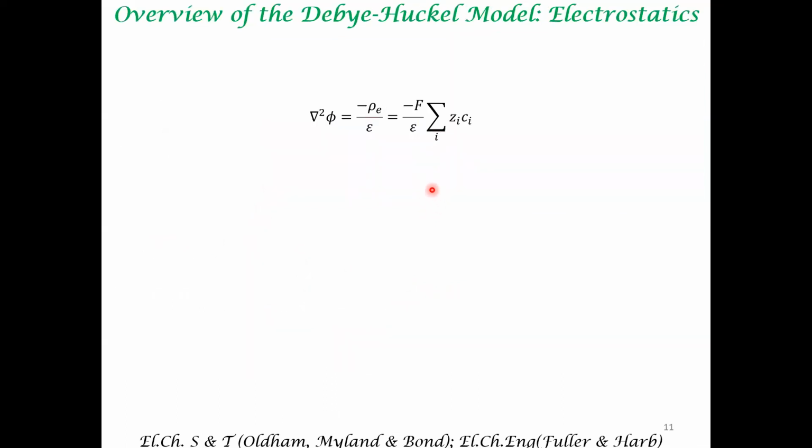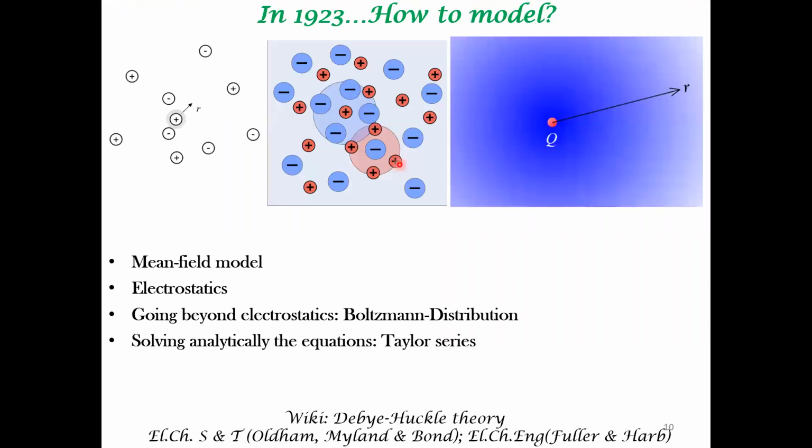What is the role of electrostatics? We know from electrostatics, my Poisson equation, I can write in the following way. This is the charge density. My reference system is here, so I am having a charge here. I want to solve for the electrochemical potential in this field.